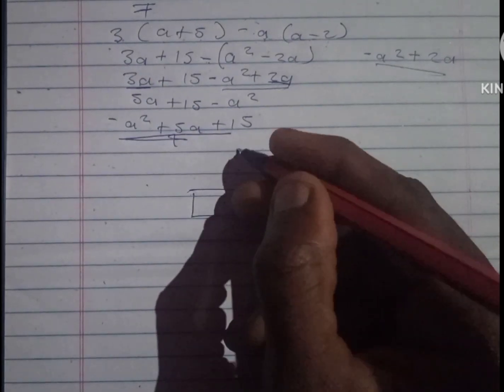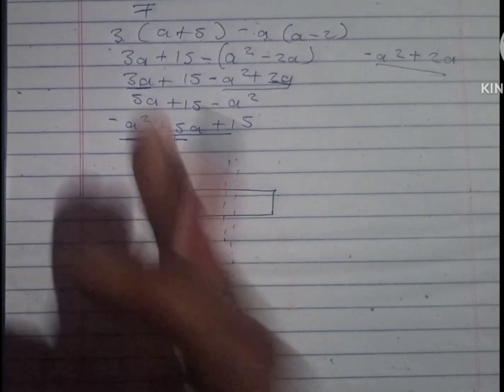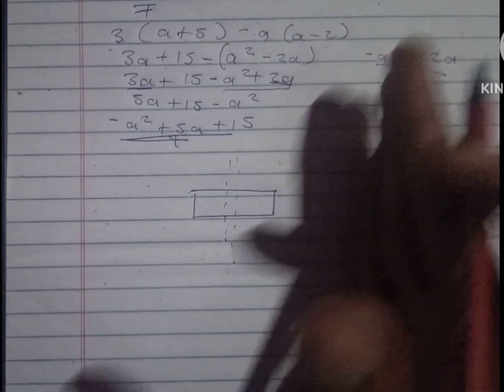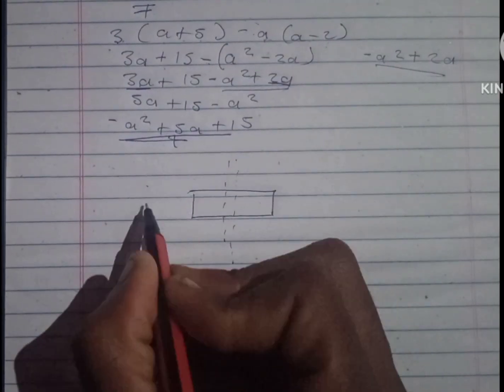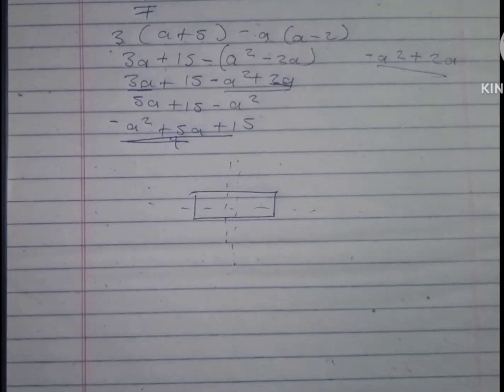So I can cut it at the middle here, and then this side and this side, I'm going to have the same shape. I can also cut it here, and I'll find that this side and this side, I'm going to have the same shape. Yeah, that's what they mean when they ask about planes of symmetry.